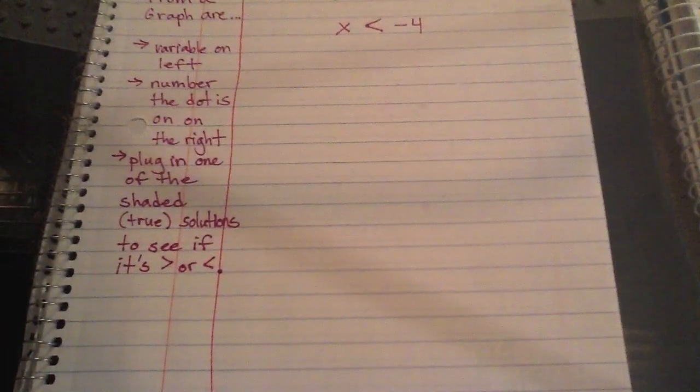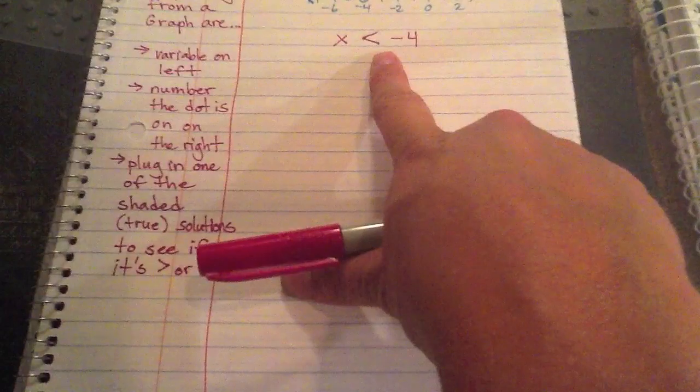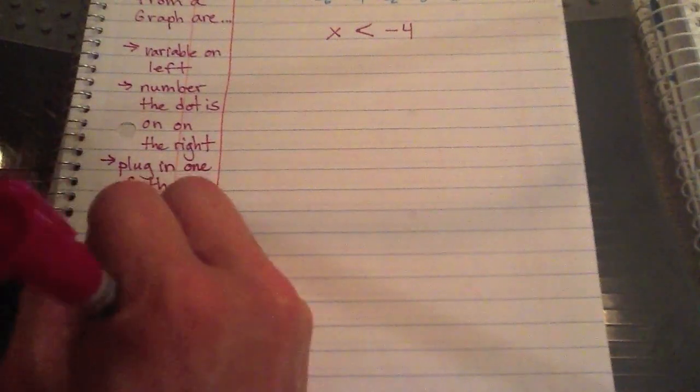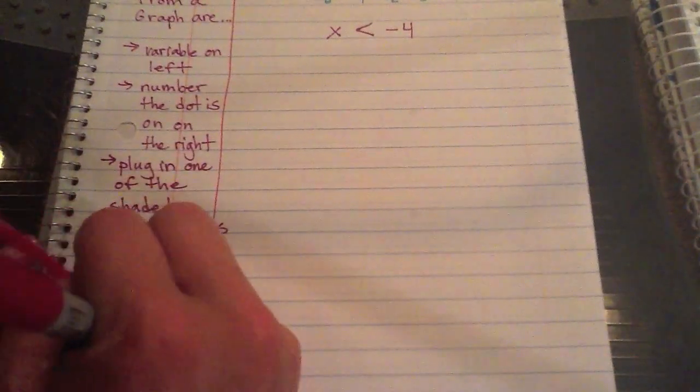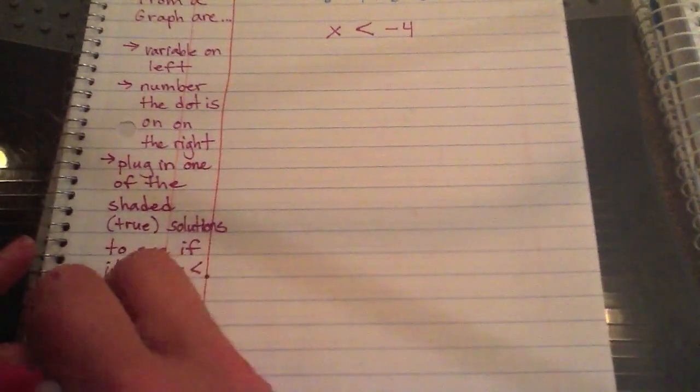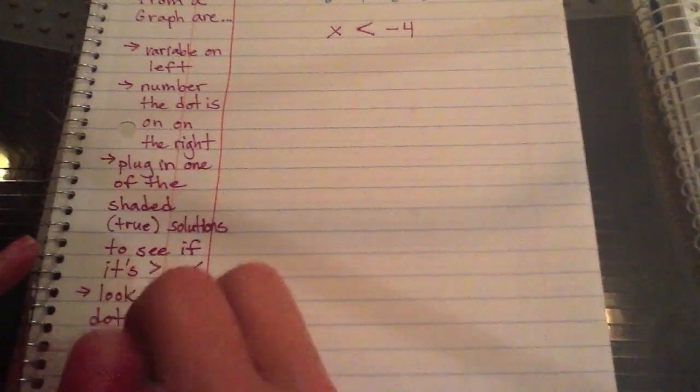So you're going to plug in one of those shaded true solutions and see which sign inequality you're going to use here. Then you're going to look at the dot to determine if you need to add the or equal to line.